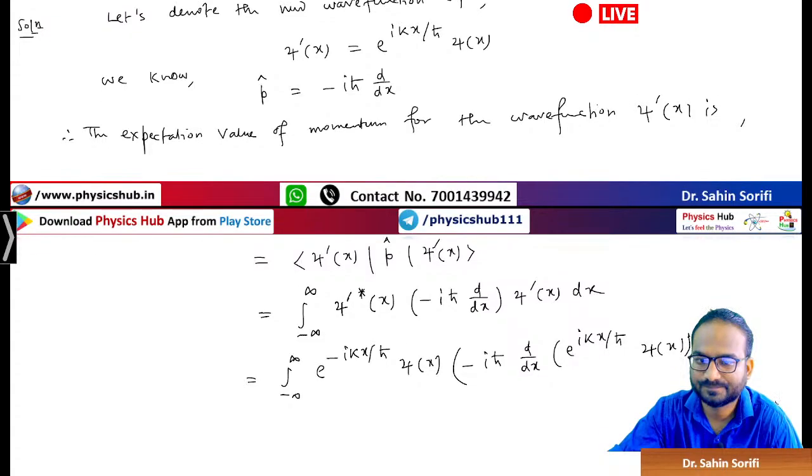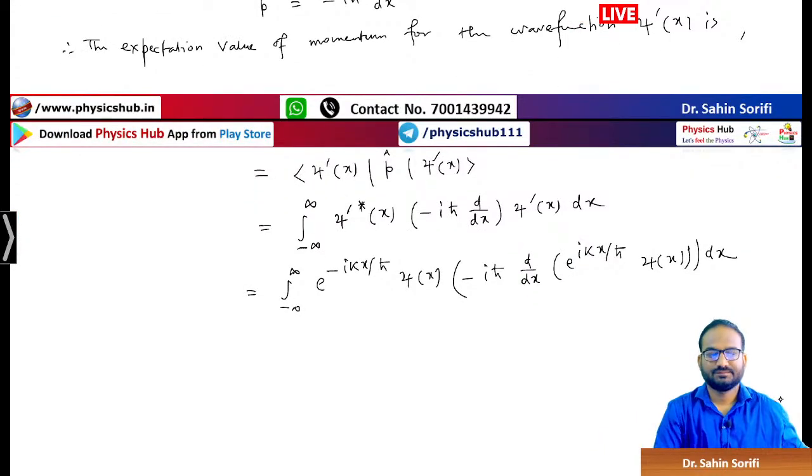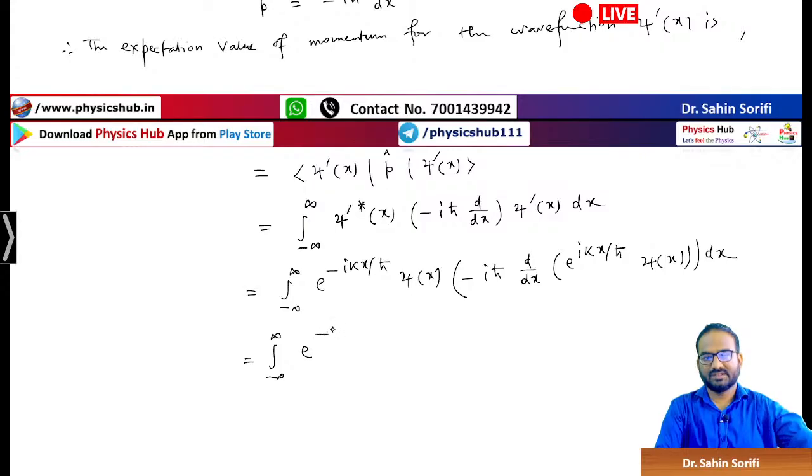The integral from minus infinity to plus infinity of e to the power minus i k x by h cut psi star of x, and you can see minus i h cut d/dx of this whole thing.